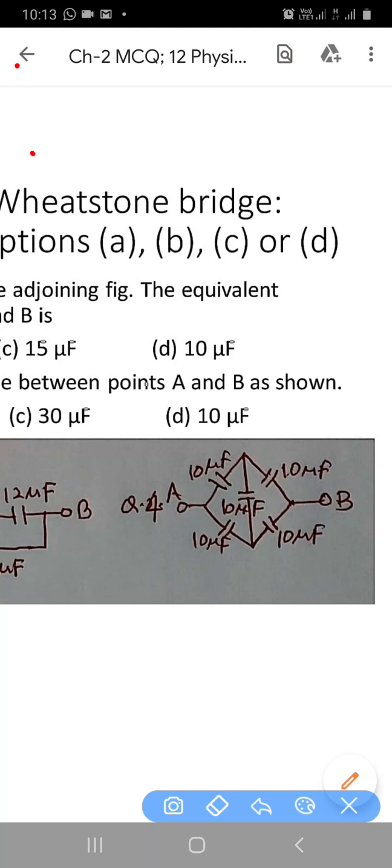So no charge will flow through the second diagonal between 10 microfarad. So the 10 microfarad will be open.